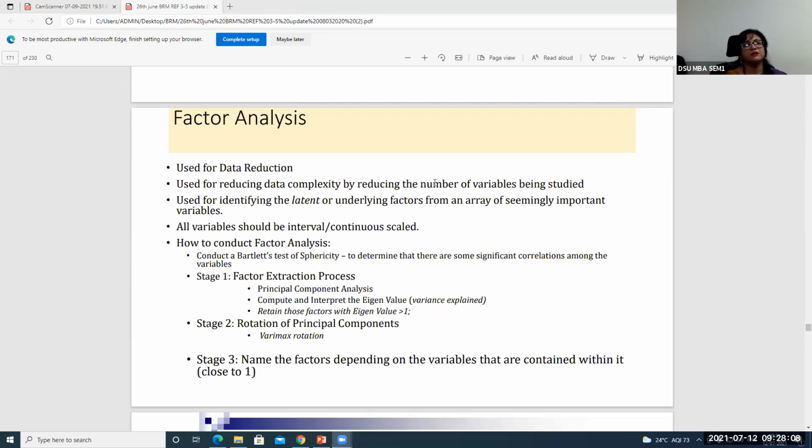But this Cronbach's alpha, to give you a high reliability score, can also be achieved by increasing the number of items in a scale, so the number of statements that you use. The more statements that you use is likely to inflate the Cronbach's alpha score.